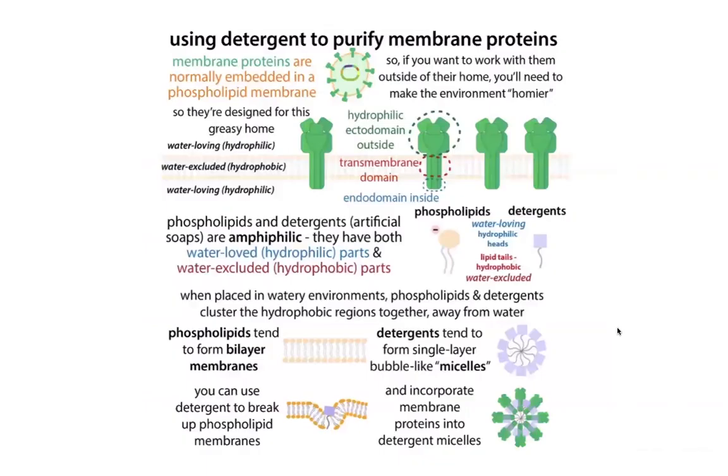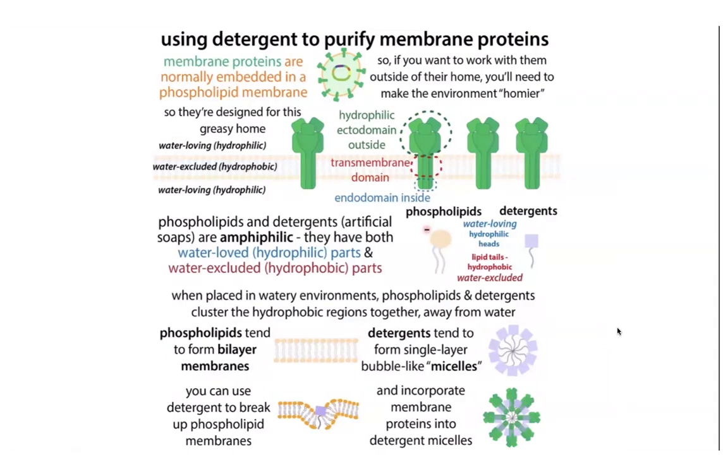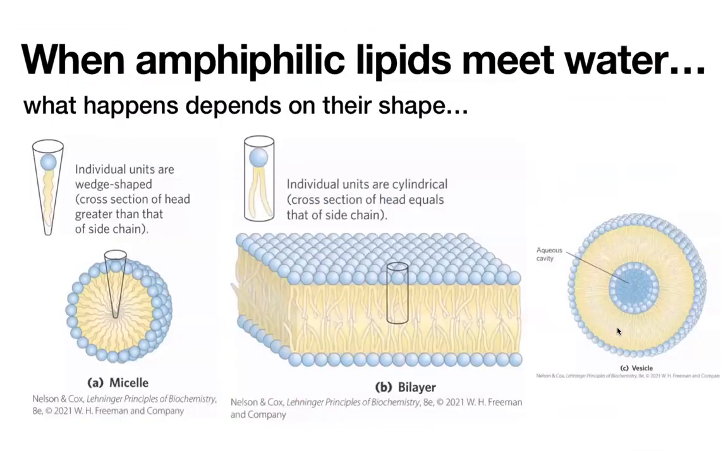And we saw how we could take advantage of micelles in the lab to do things like purify membrane proteins, because they form that nice little lipidy bubble. But that wouldn't be very good for our cells if we couldn't have anything liquidy inside of them. So instead of a cone shape, we need a shape more like a cylinder.